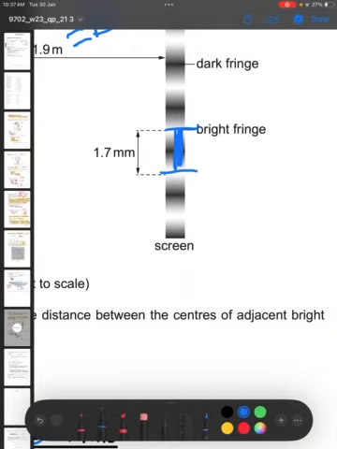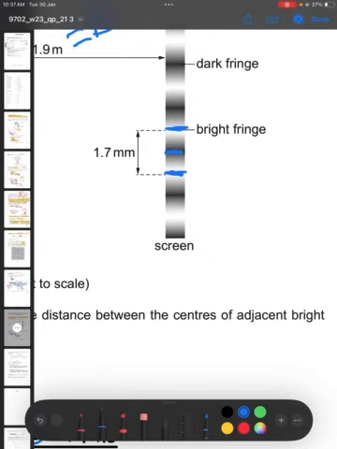Why are they saying so? Just to give you an explanation. At the center of the bright fringe, light will arrive in phase. At the center where there is a dark fringe, light arrives in antiphase.